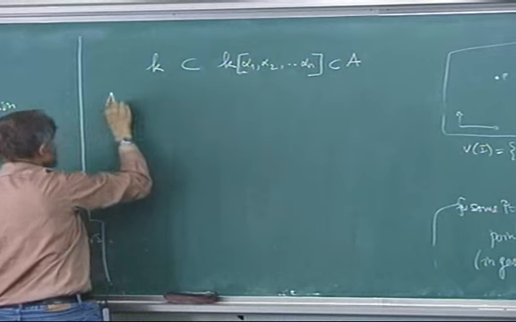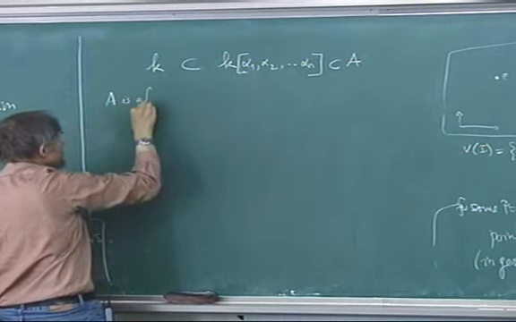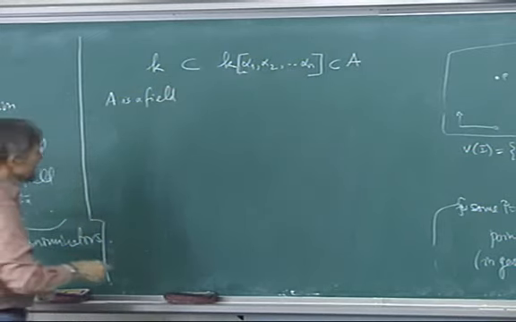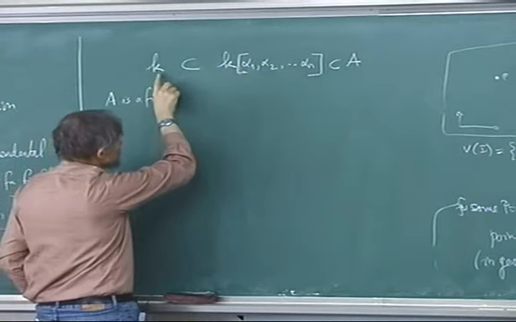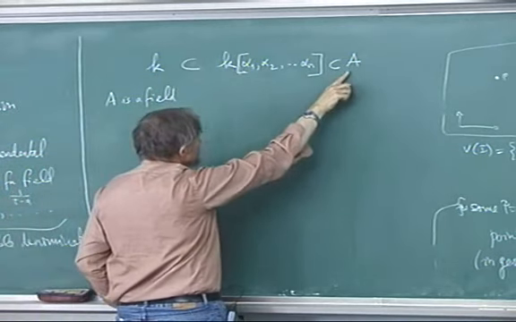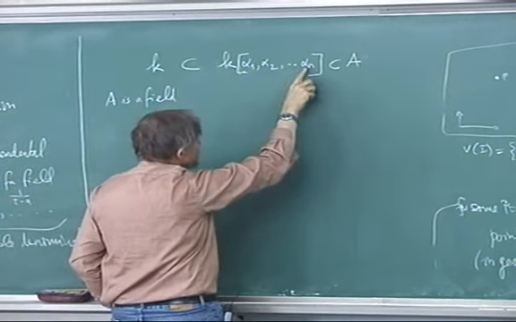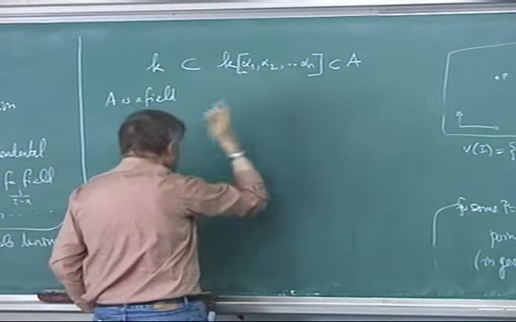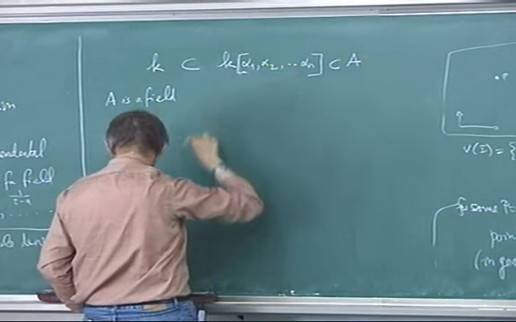Right, so A is a field, and I'm saying that under additional assumptions, if I have an extension of fields like this, then the alpha i's must be algebraic.